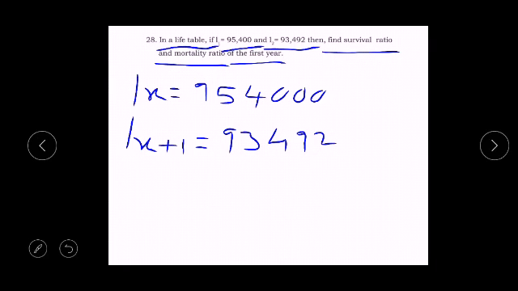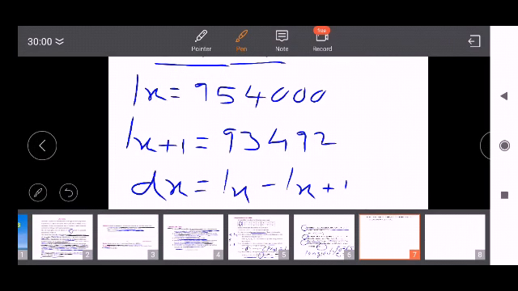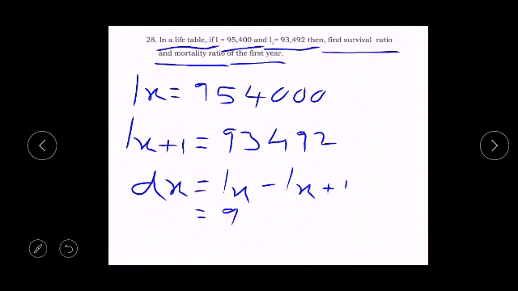The formula for the mortality ratio is Qx is equal to dx divided by Lx. So we need to calculate dx first. What is the formula for dx? dx is equal to Lx minus Lx plus 1, that is, Lx is 95,400.